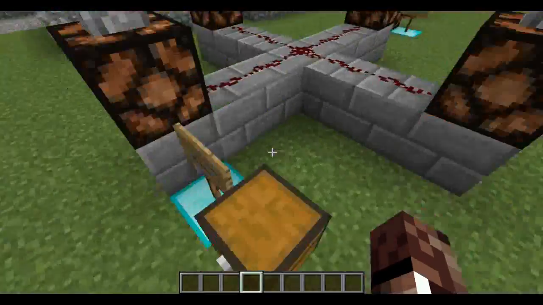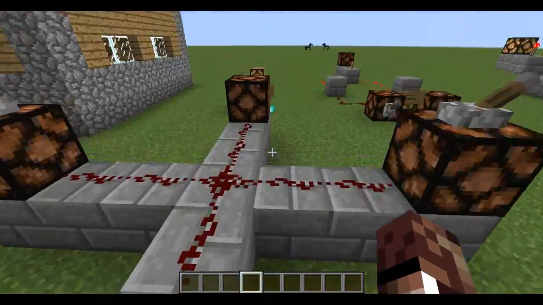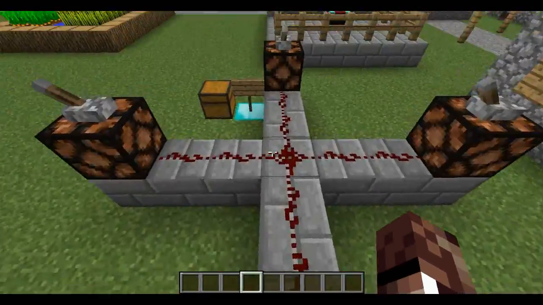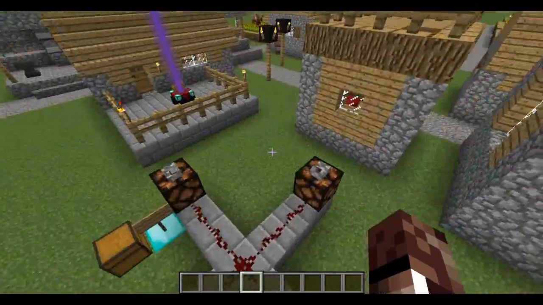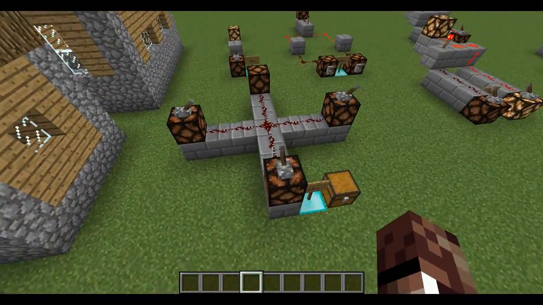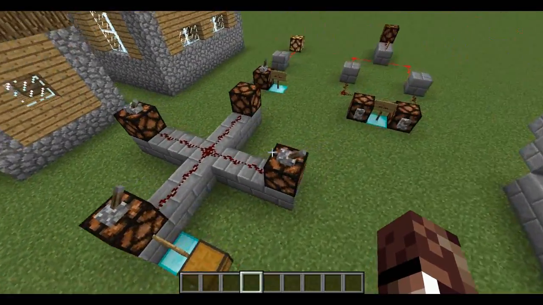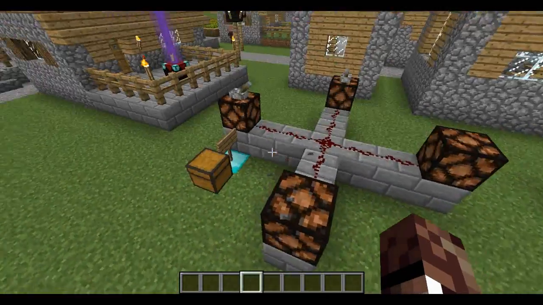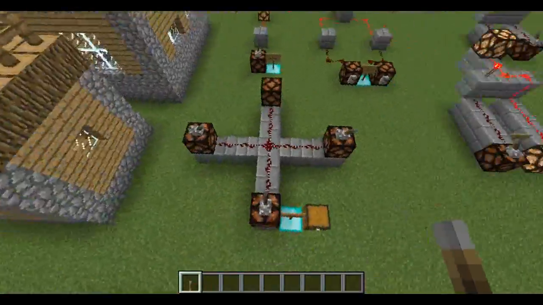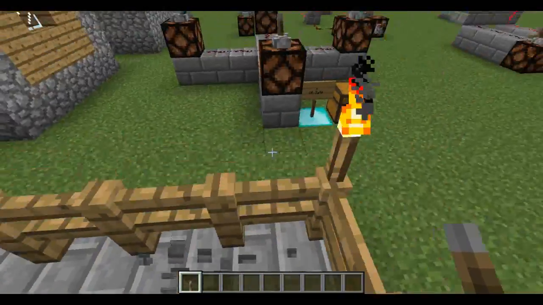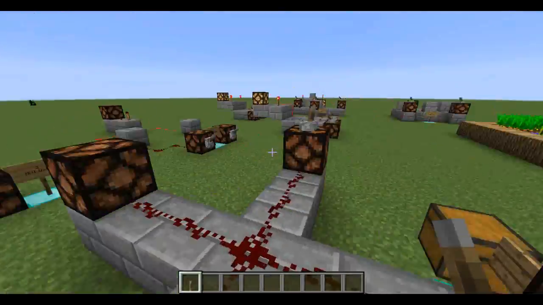I think this is the third. The OR gate. Okay, with this gate, you can get power from flipping any one of the three switches.